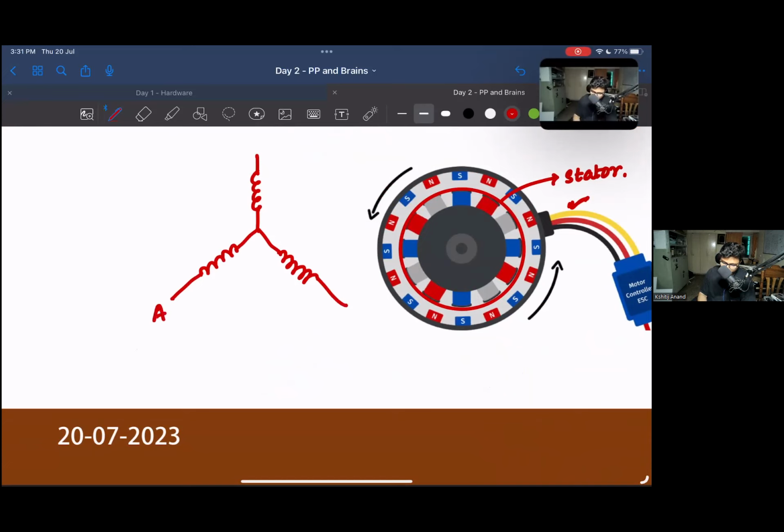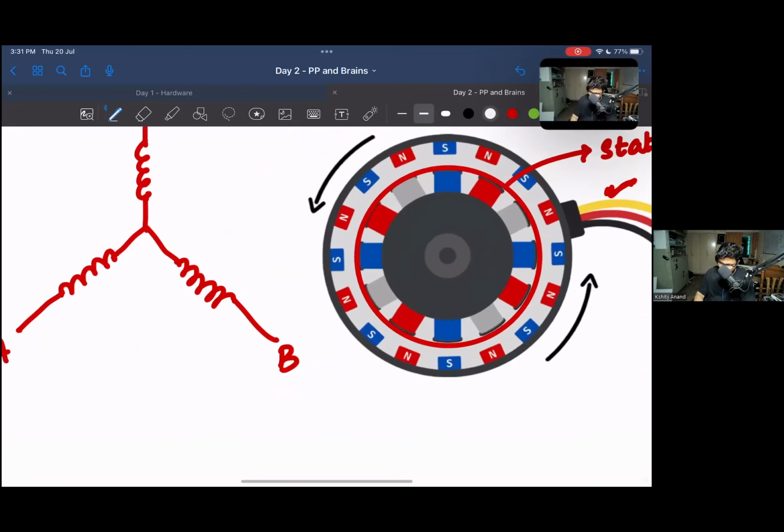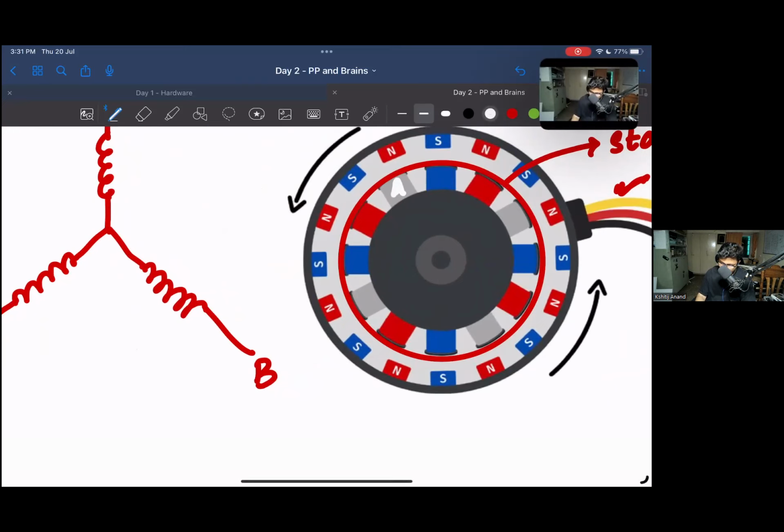These are the three coils that you are seeing. Let's say this is coil A, this is coil B, this is coil C. This is again coil A, coil B, coil C, coil A, coil B, coil C.